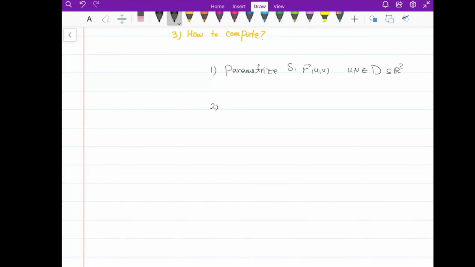Then I need to find the normal vector n. The normal vector would be derivative of r with respect to u cross product with derivative of r with respect to v, and I'm going to divide it by its length to make it unit. It's very important that I need to put the unit normal vector into the formula.